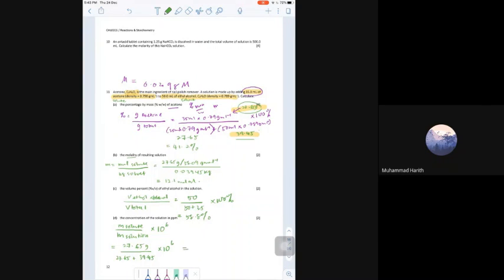So we will get 4.12 times 10 power of 5 ppm.